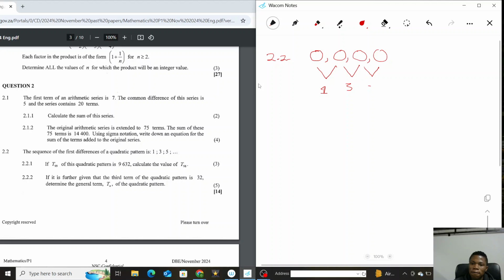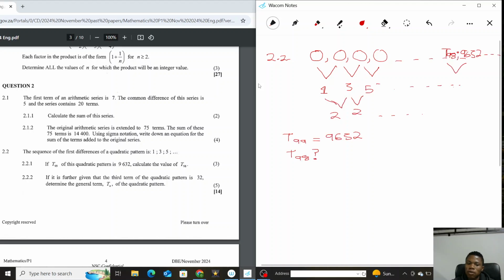And I know that, if you can see this, let me pick a different color. If you can see this, it forms an arithmetic sequence.